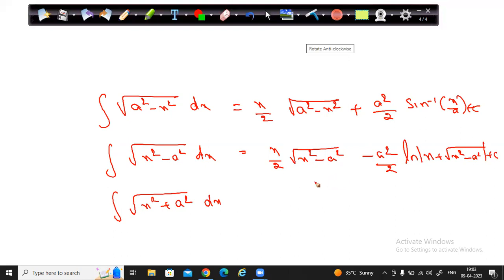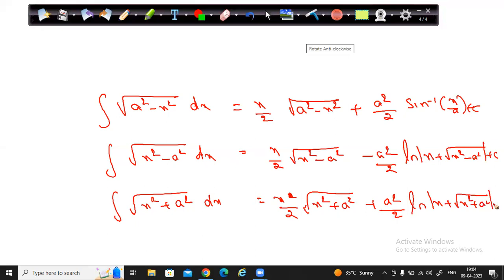The integral of root of x square plus a square is x by 2 root of x square plus a square plus a square by 2 ln mod x plus root of x square plus a square plus c. You are required to know all these formulas.